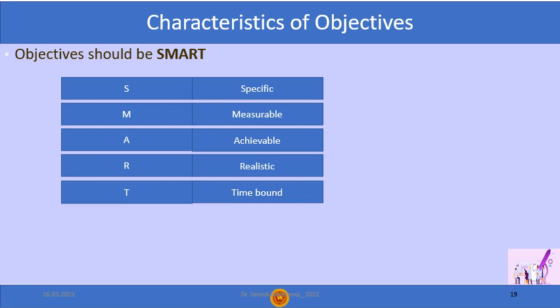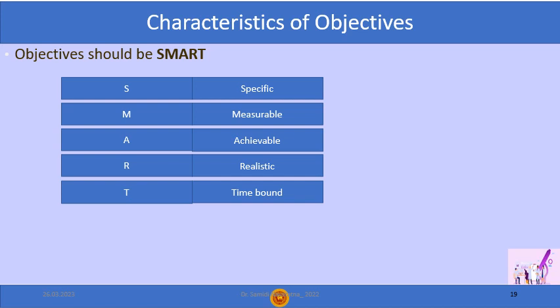So as you can say by now, SMART is an acronym, and it stands for specific, M stands for measurable, A for achievable, R for realistic, and T for timeliness.